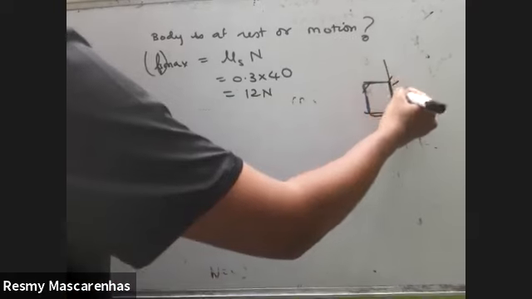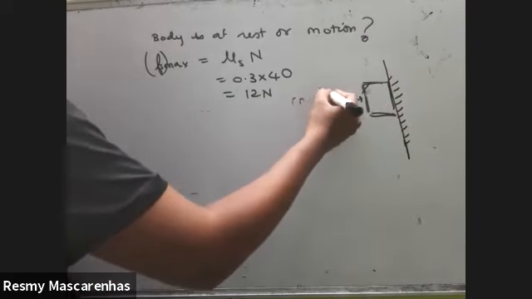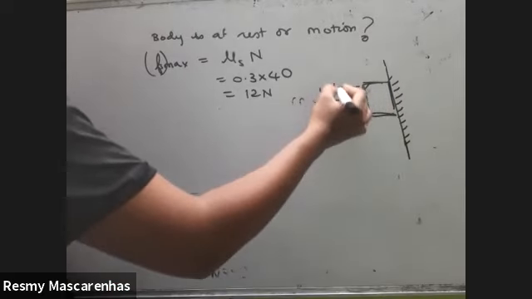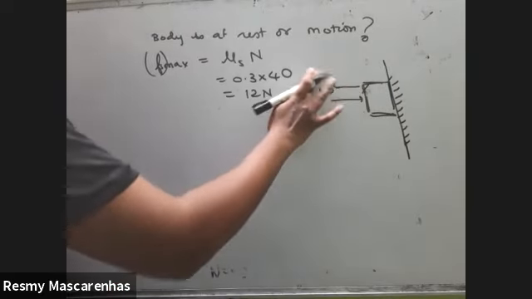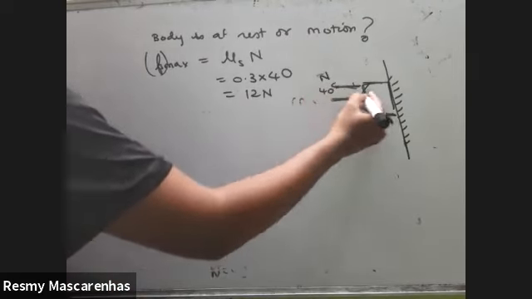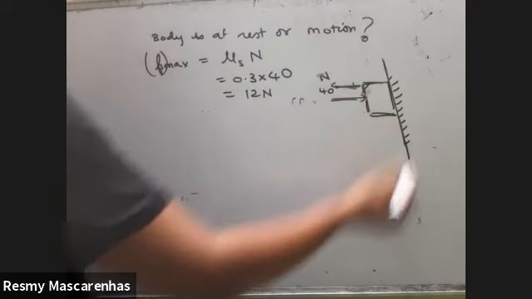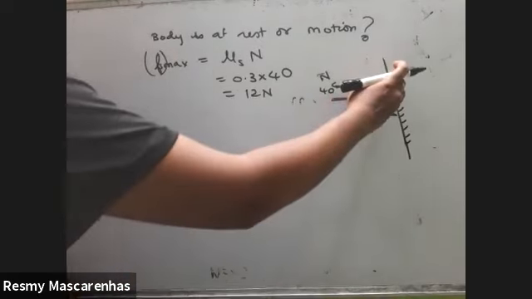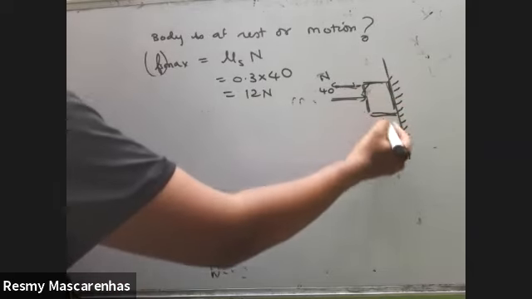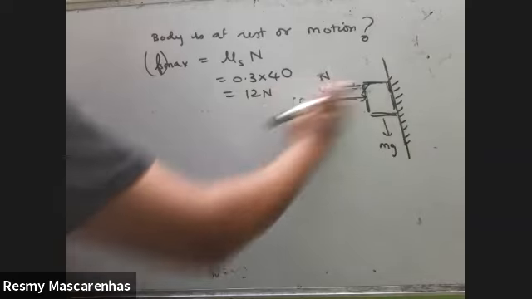You be careful now. In this case, this was 40. This was your N. This was 40. Now, obviously, wherever it may be on the surface, because there's gravity, the body will not start moving this side or that side.